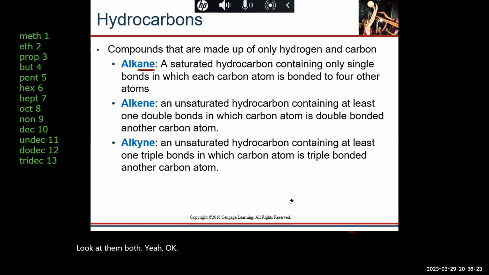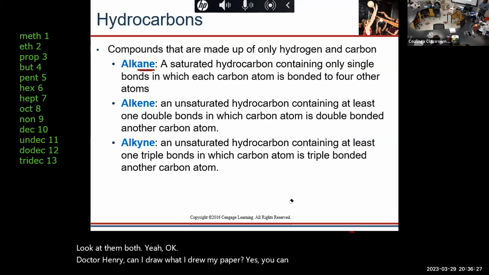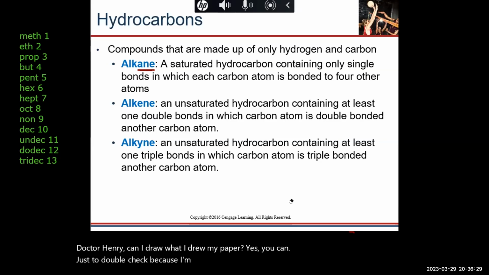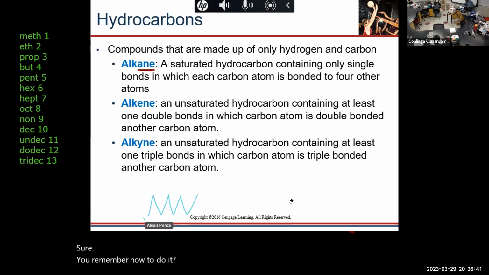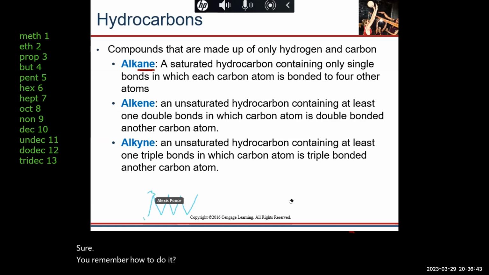Dr. Henry, can I draw what I drew on my paper? Yes, you can. Just to double check because I'm not understanding. This is a 2 right here. I don't know if I'm doing it right. It's a 5. That's a 6, 7, and an 8.